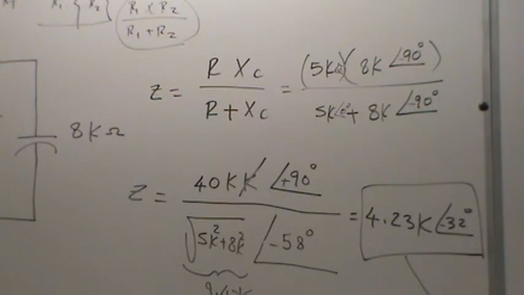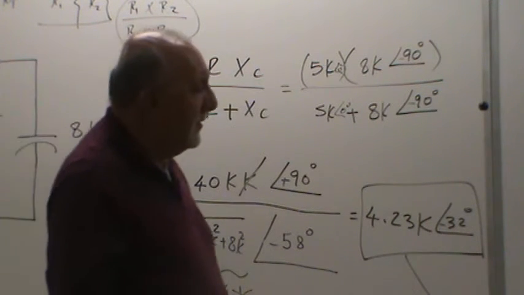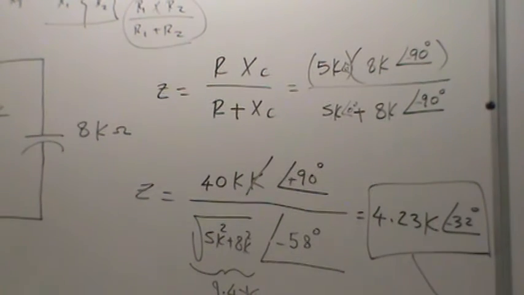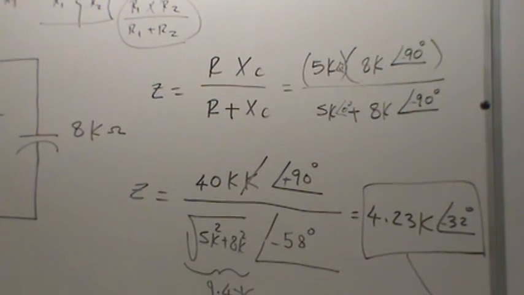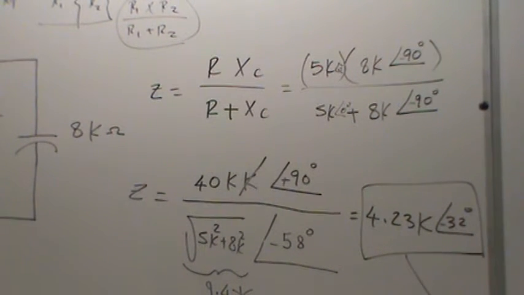If you divide a positive degree over a positive degree, how do you end up with a negative degree? Because this is a denominator. For me to bring this into the numerator, I have to change the sign. It's just a law of math, and there's nothing we can do about it.